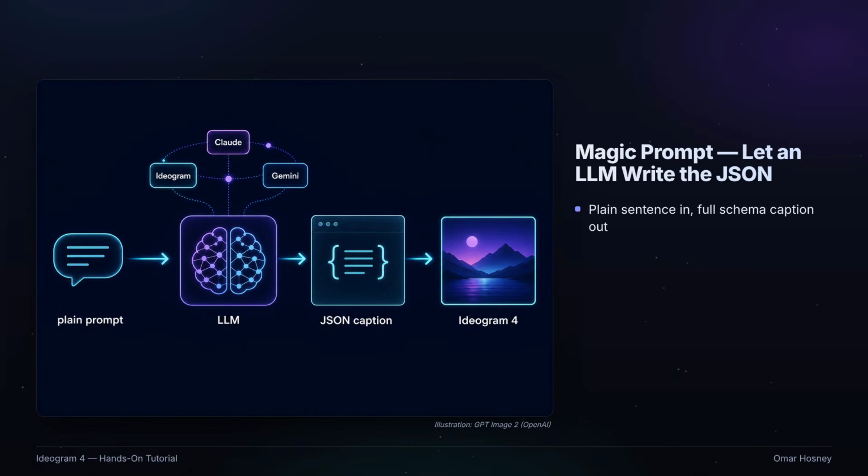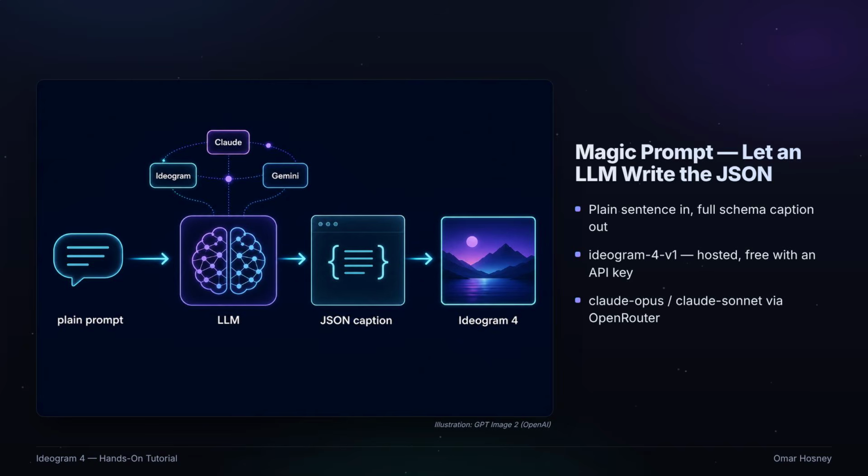Writing those captions by hand is powerful but slow, so the repo ships with Magic Prompt, a large language model that expands your one-line idea into a complete schema-compliant caption automatically. There are several backends. Ideogram's own hosted endpoint is completely free. You just need an API key from their developer site.